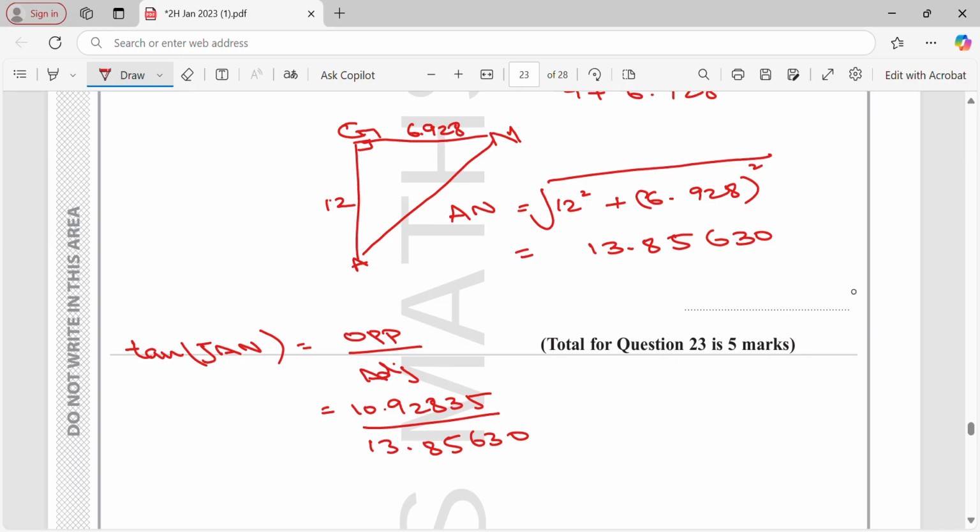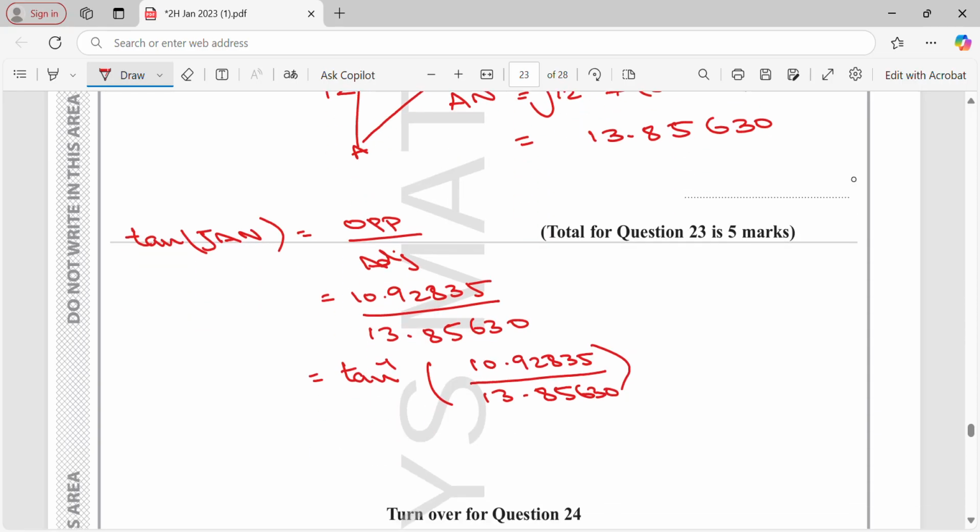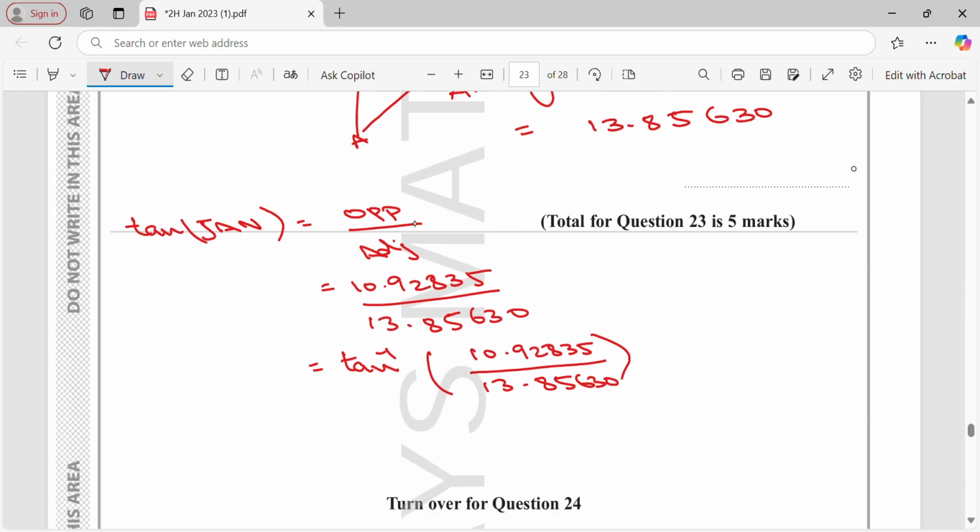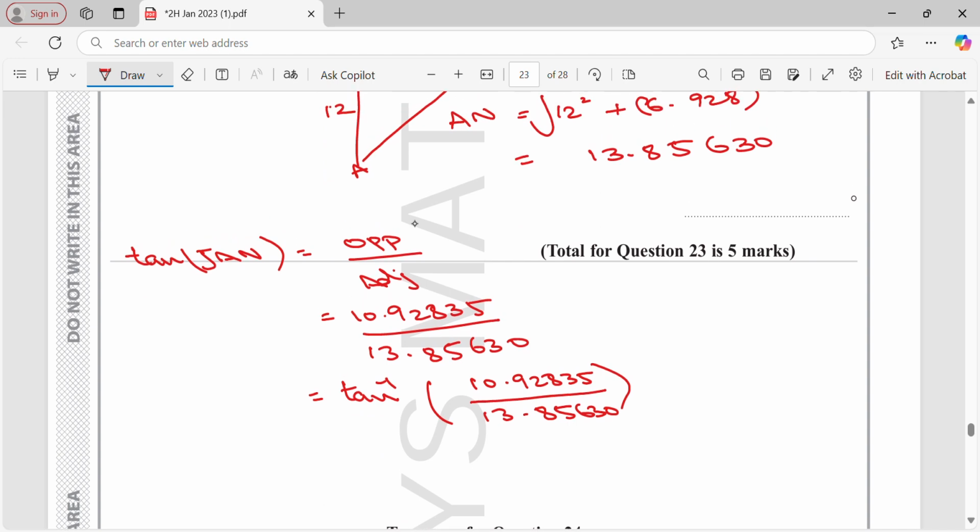So let's do tangent inverse of 10.92835 over 13.85630, and that is equal to 38.2625. Because I have to give my answer in 3 significant figures, the answer is 38.3 degrees.